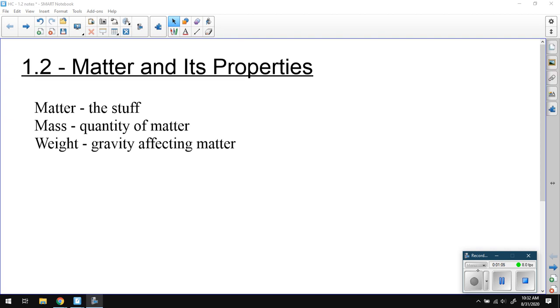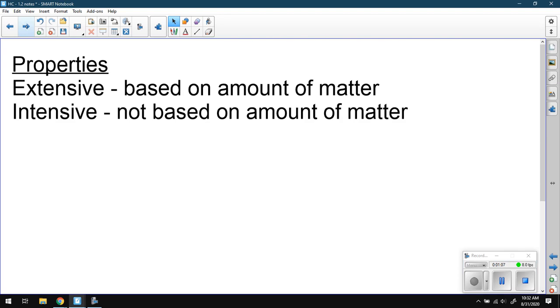A couple other things here as we work through this section. We're going to talk about properties and changes. So physical and chemical properties, physical and chemical changes. First of all, when we talk about properties, there are two different types that we want to talk about: extensive and intensive. Extensive properties are based upon the amount of matter that's present.